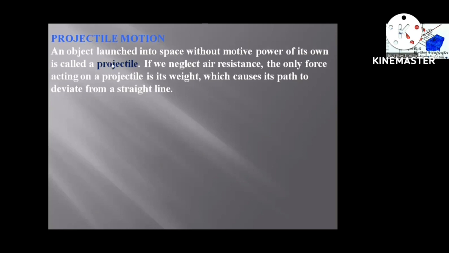An object launched into space without motive power of its own is called a projectile. Simply, we can say it is an object that can be launched in free space. If we ignore air resistance, the only force acting on a projectile is its weight.